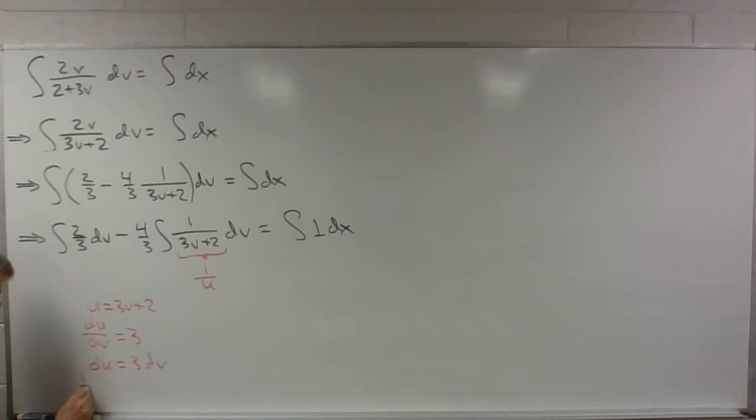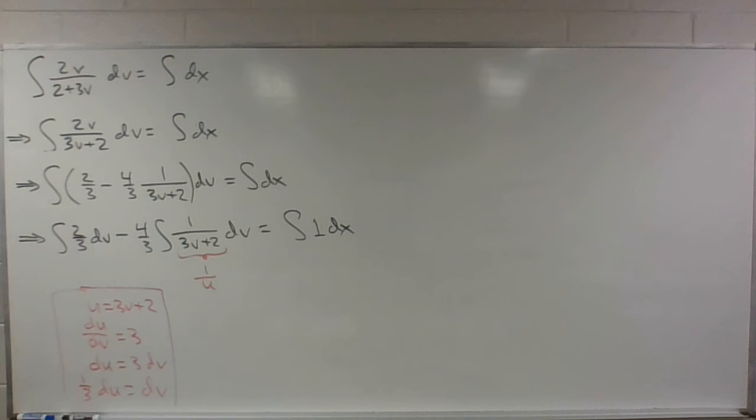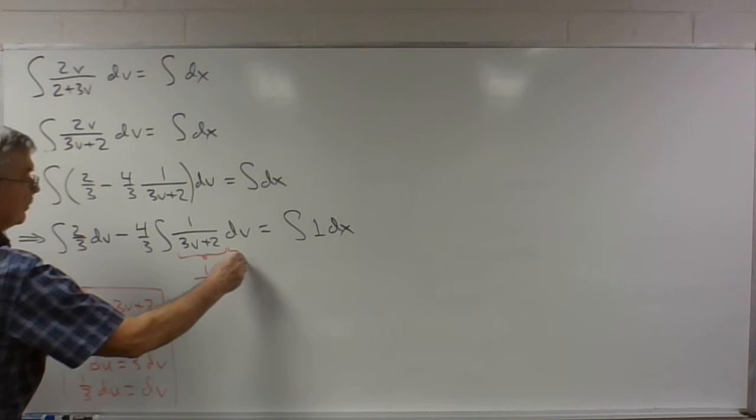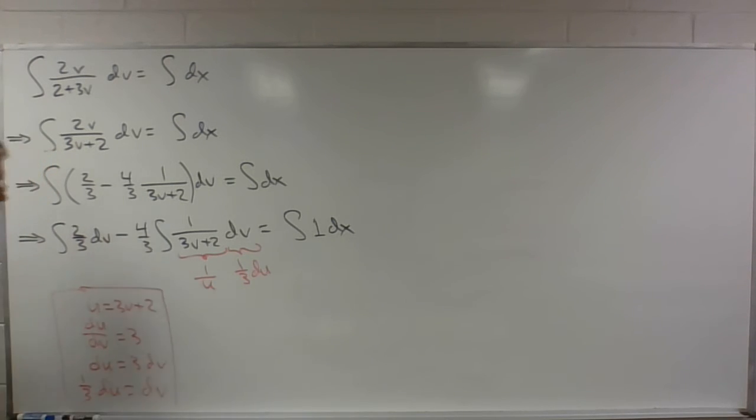And if we divide by 3, we have 1/3 du is equal to dv. So this is 1 over u. This is 1/3 du. Goodness gracious. Maybe we can actually integrate now.